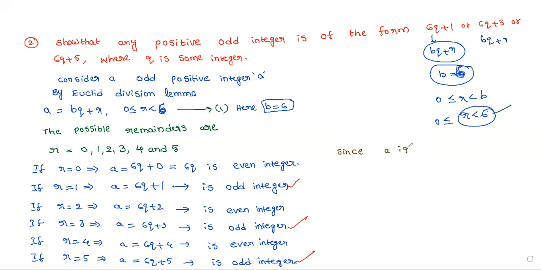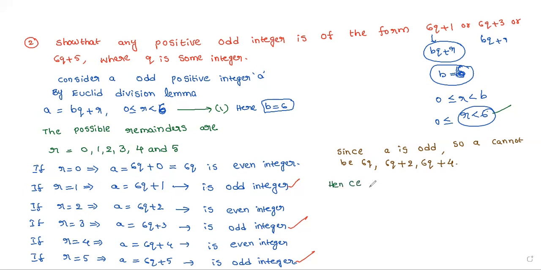Since a is odd, a cannot be 6q, 6q plus 2, or 6q plus 4, as those are not odd integers.